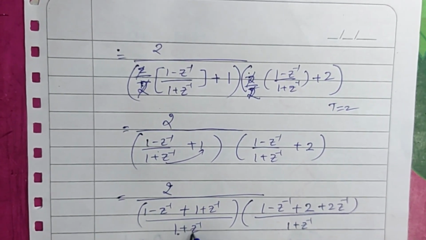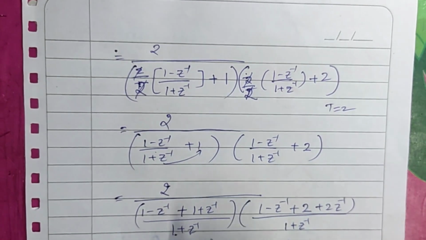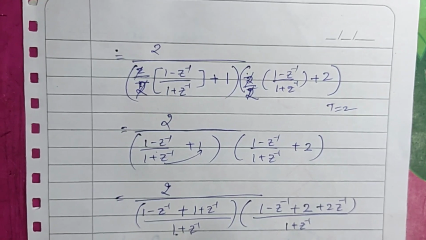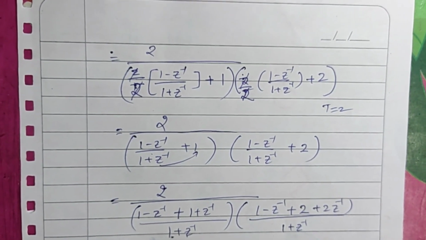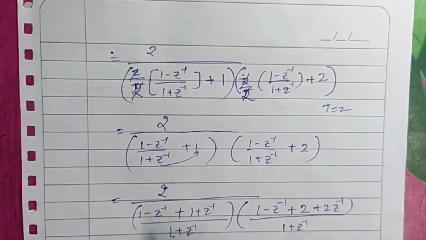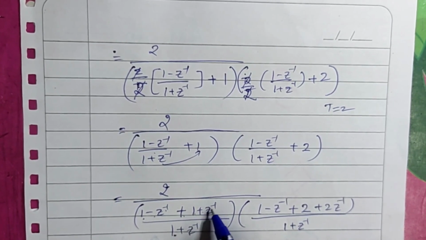So these two, 1 plus z raised to minus 1, 1 plus z raised to minus 1, go up, which is 2 into (1 plus z raised to minus 1) into (1 plus z raised to minus 1). We can write that as a square, right? 2 into (1 plus z raised to minus 1) whole square divided by, so this is 1 minus z raised to minus 1 plus 1 plus z raised to minus 1.